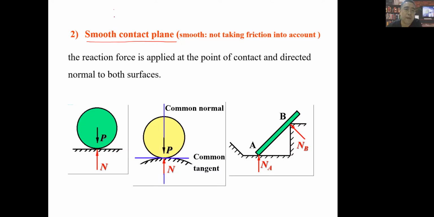We call that in Chinese, smooth means 光滑, polished, having no friction. 光滑 contact in Chinese is 接触. 接触 plane means 平面, so this one is a straight line.